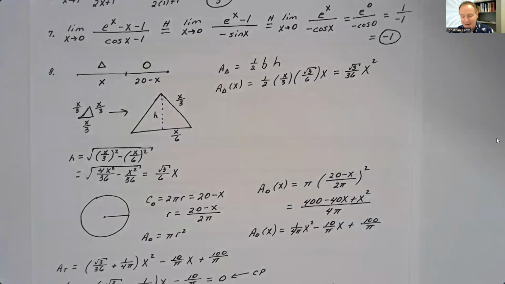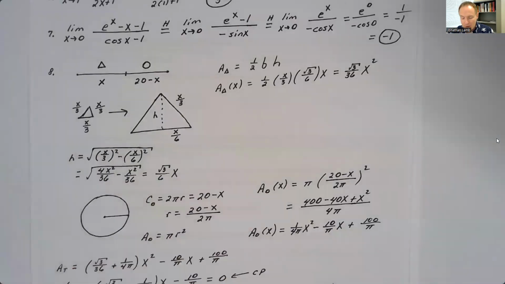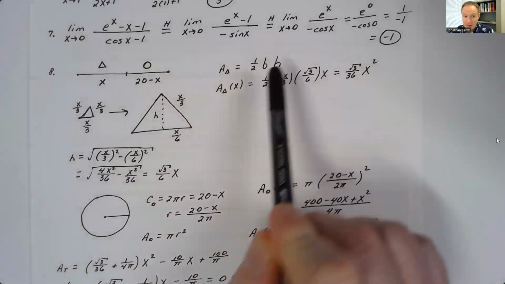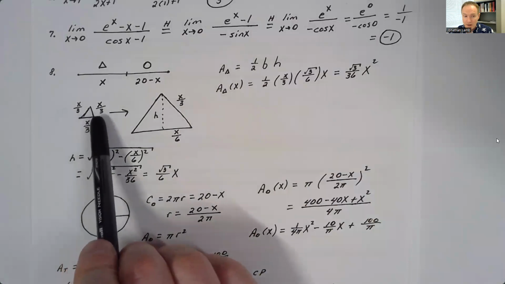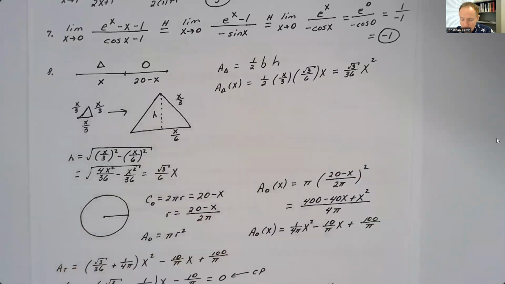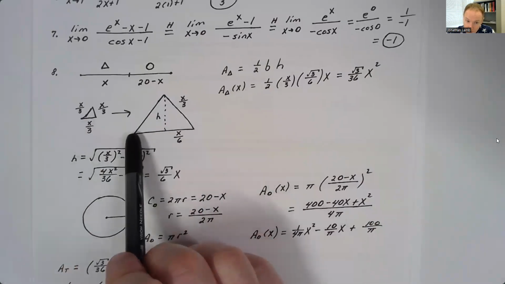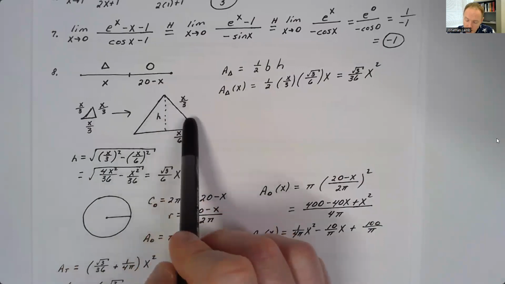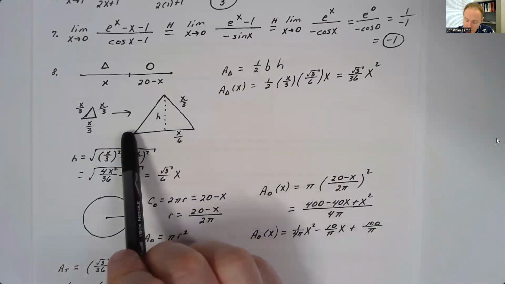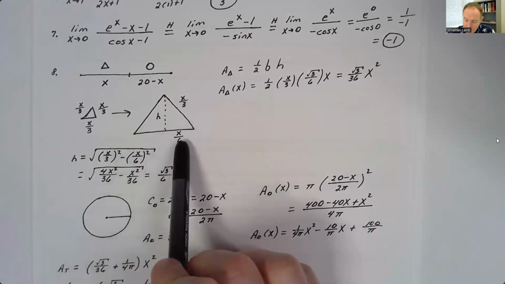Now, I needed to analyze the triangle a bit better because the area of a triangle is 1/2 base times height, and the height is certainly not x over 3. I had to find that. In this equilateral triangle, the entire base would be x over 3, but half of the base would be x over 6.